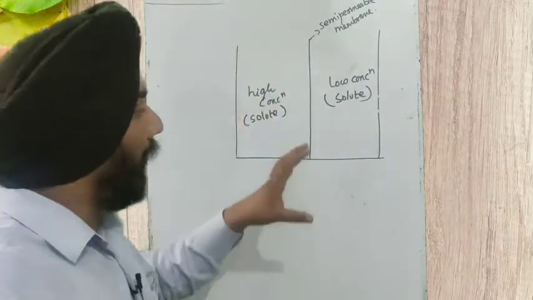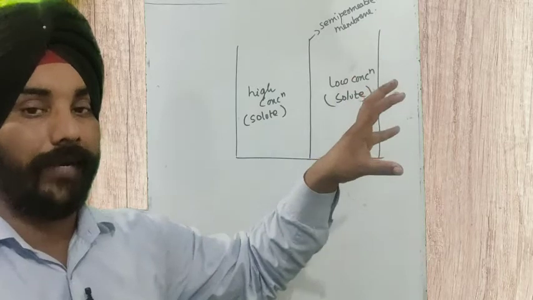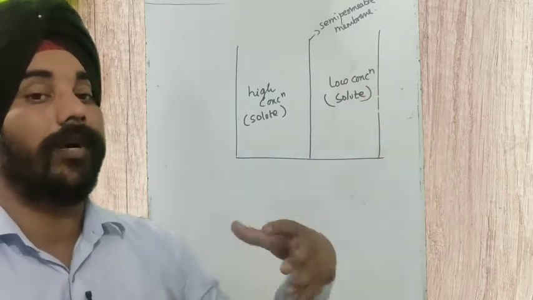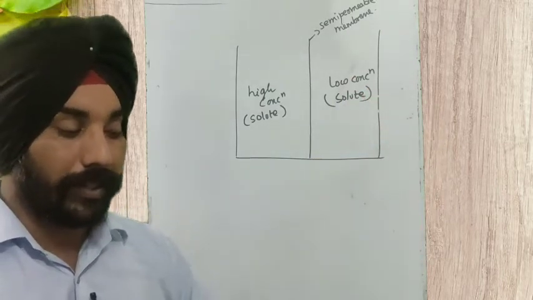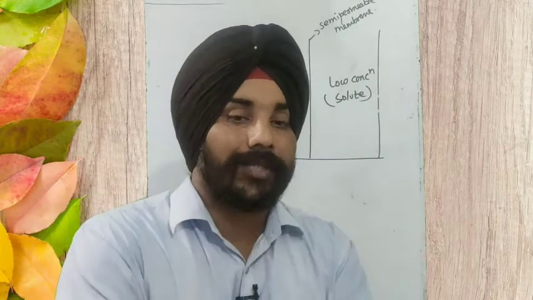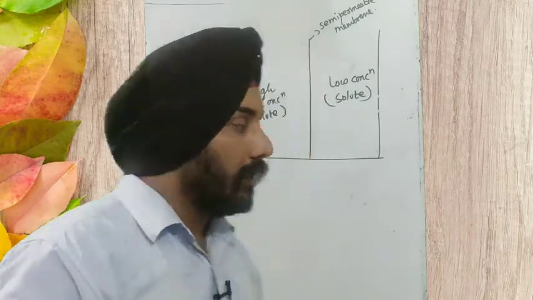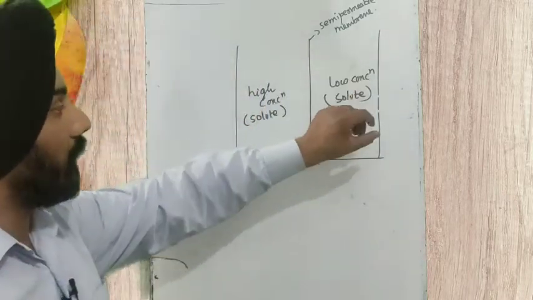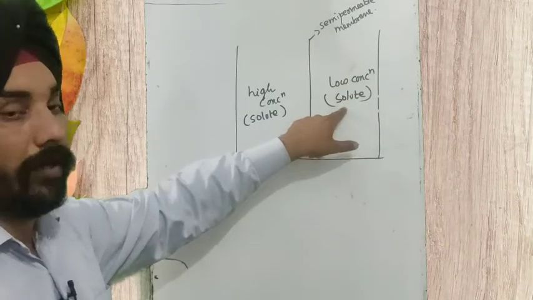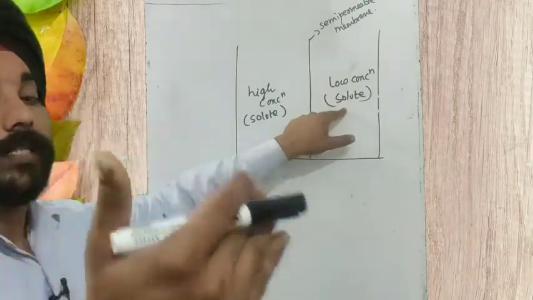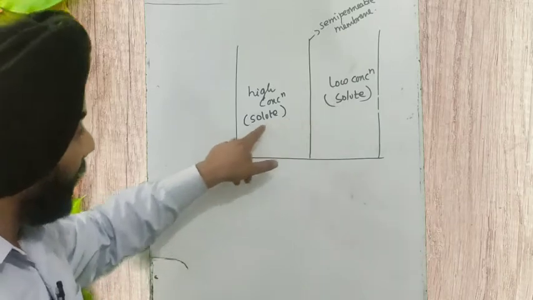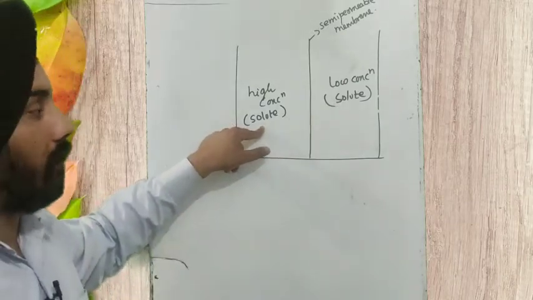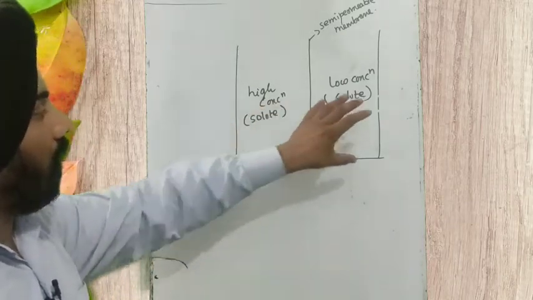And how can they equalize concentration? By removing the solvent part. Who is going to give their solvent part to the other one? Whichever solution has the lower concentration of solute has more solvent molecules, and the other has fewer solvent molecules available.